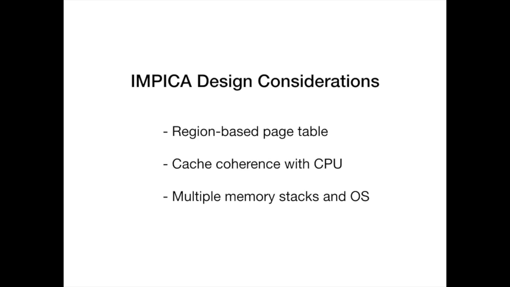Maintaining cache coherence between the CPU and the in-memory caches is also an important factor. This is accomplished by enforcing that any code that operates on the in-memory regions must be executed in the in-memory accelerator. More complex strategies could also be employed, such as what we will talk about with lazy PIM later in the presentation.